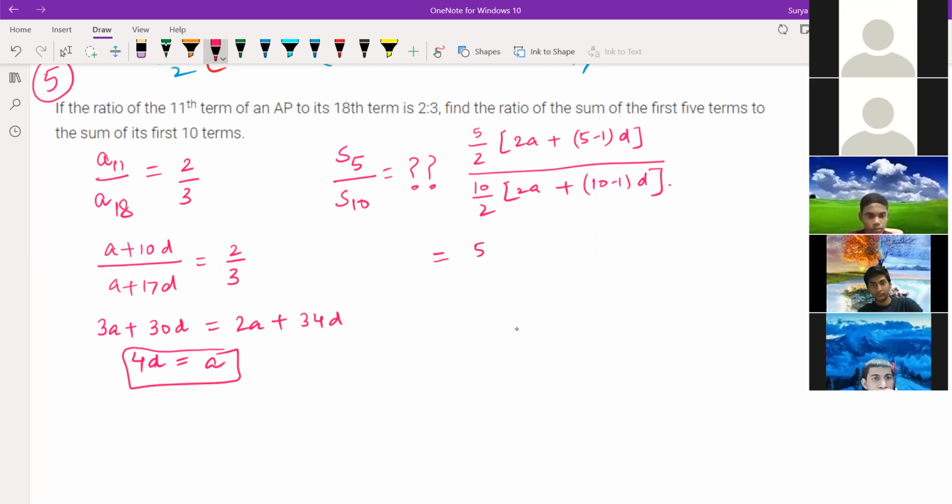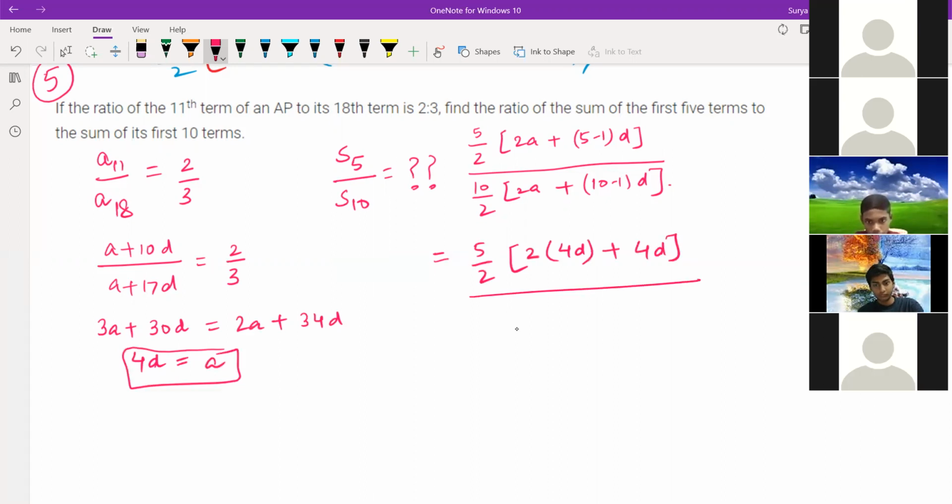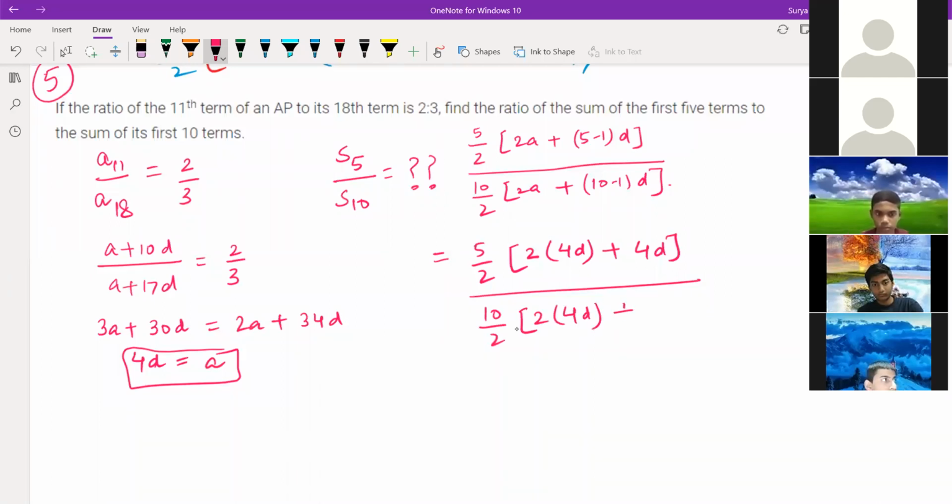So 5/2 as it is, you write 2A as 2 into 4D plus 4D as it is, whole divided by 10/2 into 2 into 4D plus 9D.